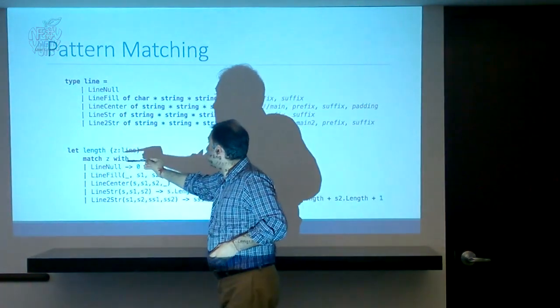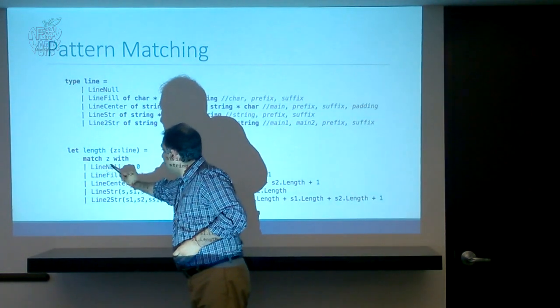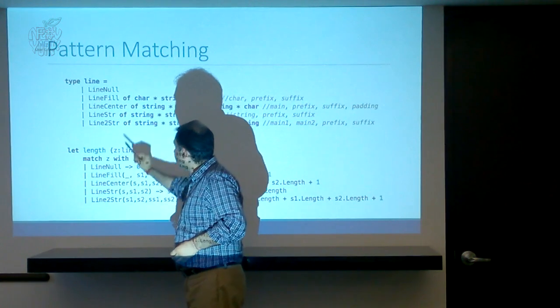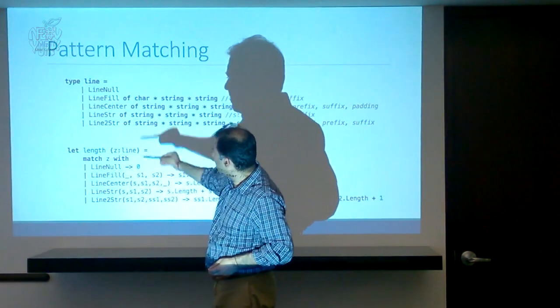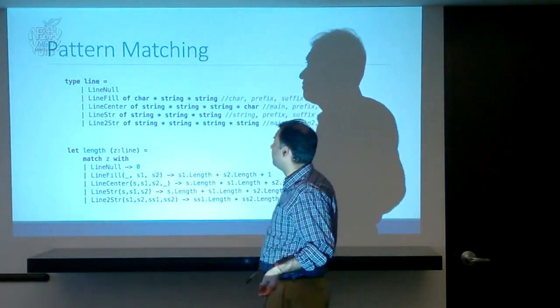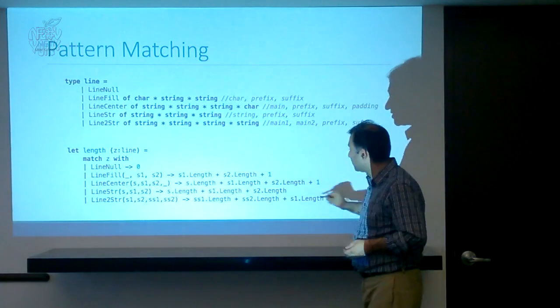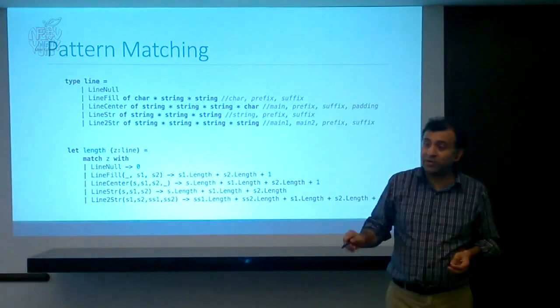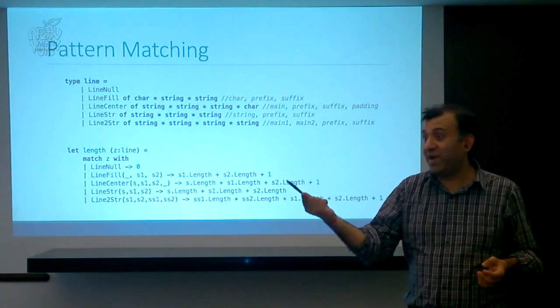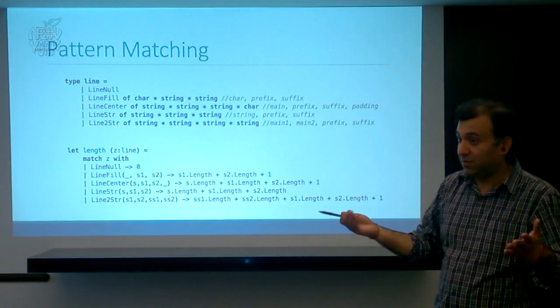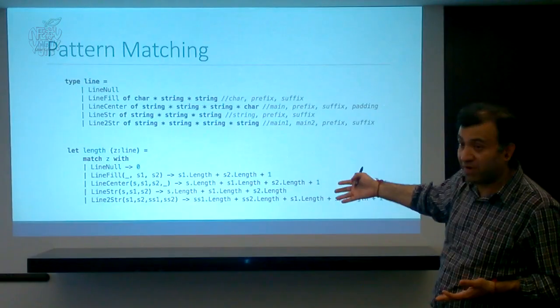So these names are unique, right? So when you're talking about line null, line fill, it actually says, oh, this is of the type null, so Z must be of the type null. It can infer it itself. And if, let's say, I forget one type, I just miss this line. If you go to Visual Studio, it won't actually compile the code because it says one pattern is missing. Right, because you have a set of 5 records.